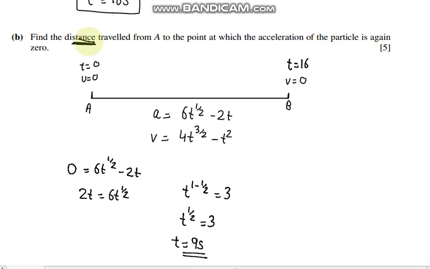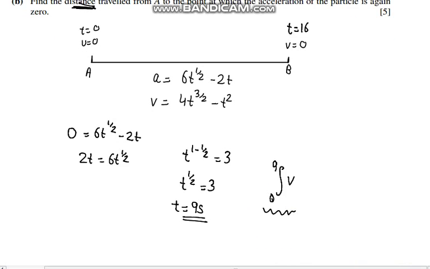Now it says to find the distance. In order to find the distance, what we need to do is integrate the velocity from 0 to 9 and solve it to get the distance. So let's do it.